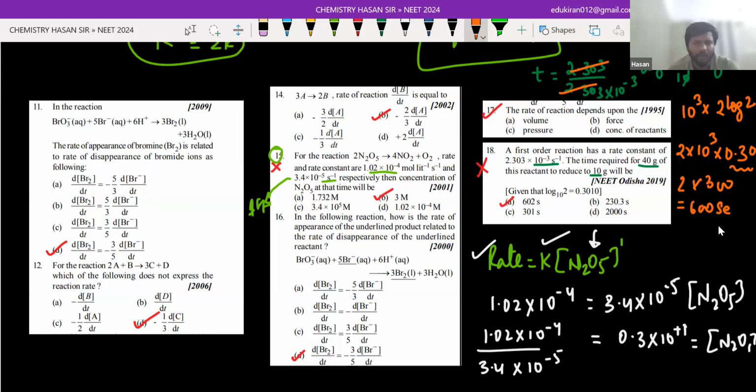If you are going to be more precise, you take the value of log 2 as 0.3010. So it comes out to be 602.6. I think it's clear to you, right? Yes, sir. Okay.